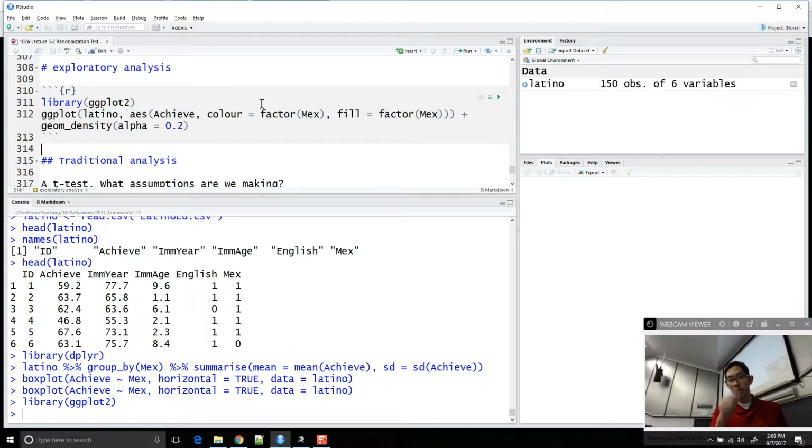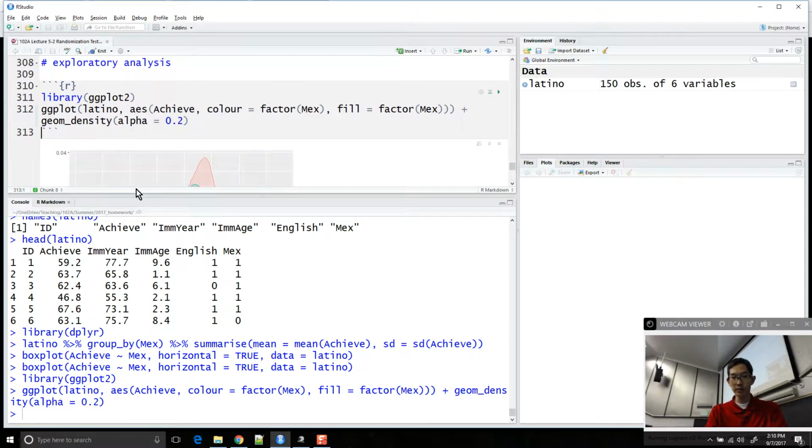We're going to look at the color, and the color is going to be mapped to whether they are from Mexico or not. The fill is the color that it gets shaded in, and the color is the color of the line. Alpha 0.2 makes it a little bit translucent.